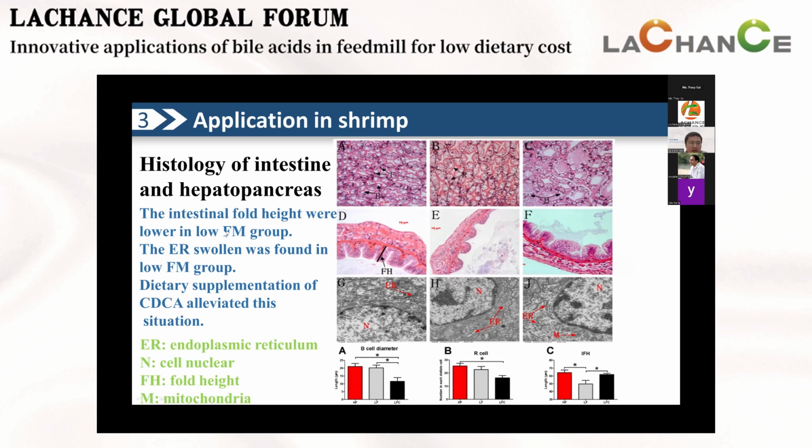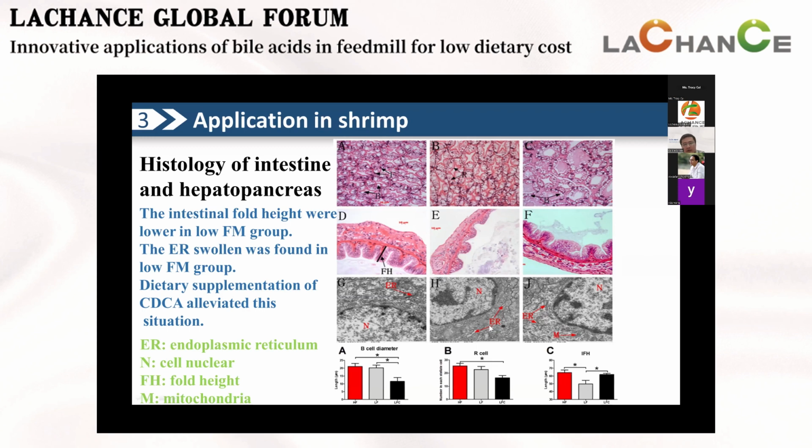Especially in the intestine, here is the histology in the low fish meal group. We can see that the intestinal fold height was lower in the low fish meal group compared with the high fish meal group. And after we supplemented the bile acids, the fold height was increased.